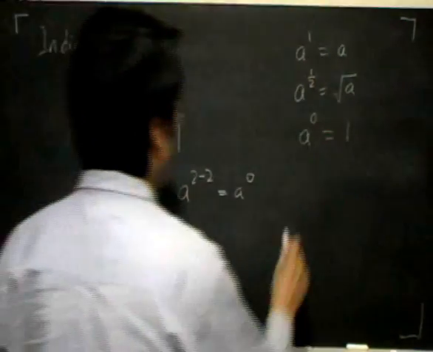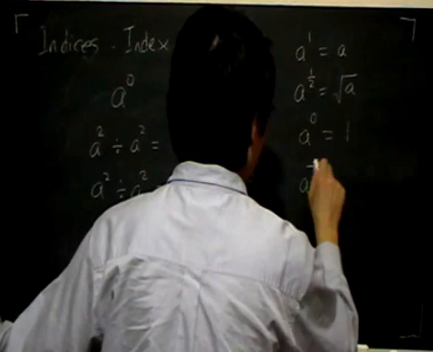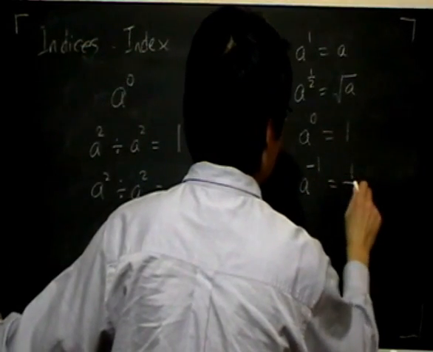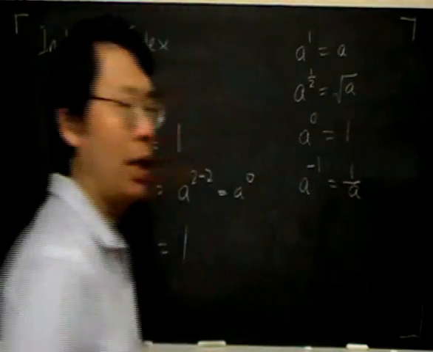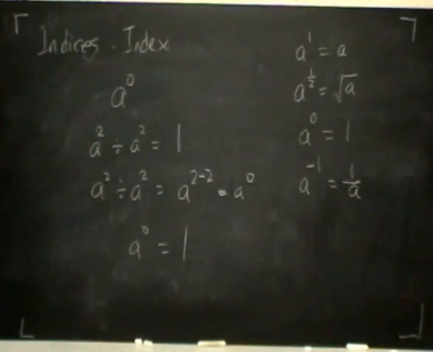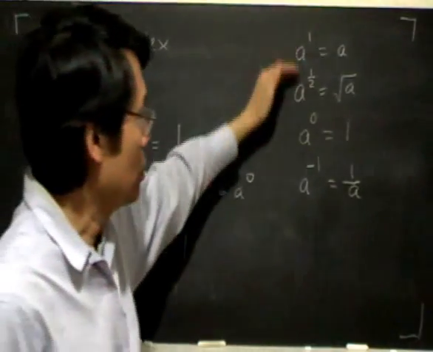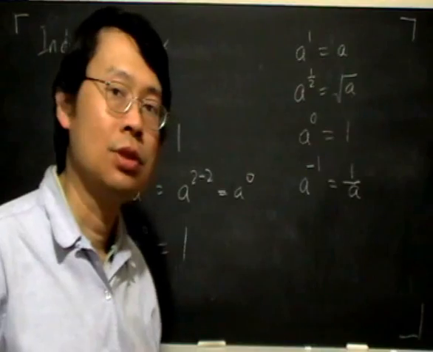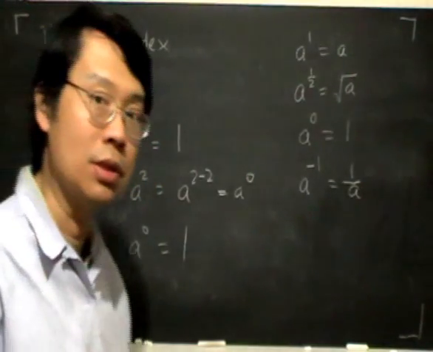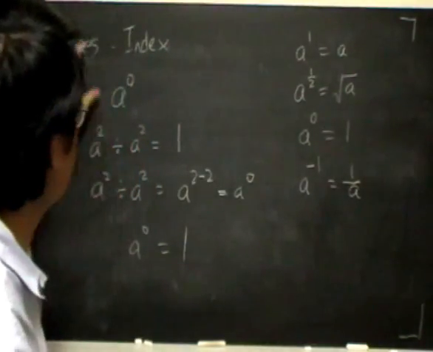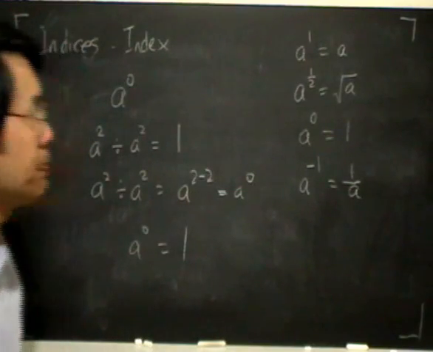And a to the power of minus 1 is 1 over a. So these are the 4 rather special cases in the algebra of powers.